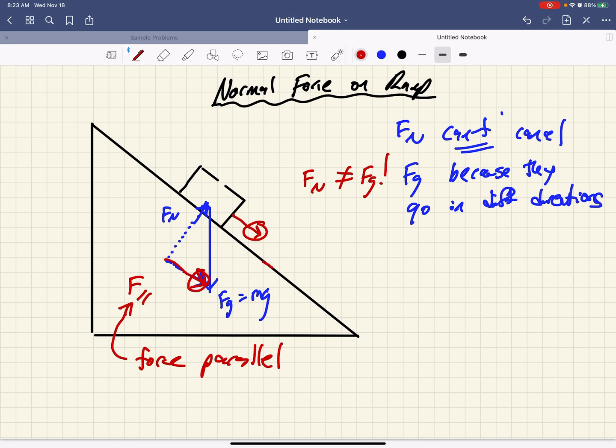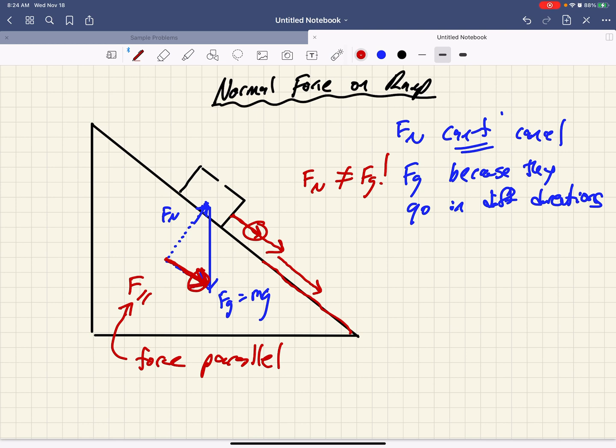So here's the surface plane. I'm sort of drawing it in red right here. This force is parallel to it. And that's why it's called the parallel force, or force parallel. Remember that forces can only cause accelerations in the direction that they point. So the only reason this object begins to slide this way down the ramp is because there is a force directed that way down the ramp.